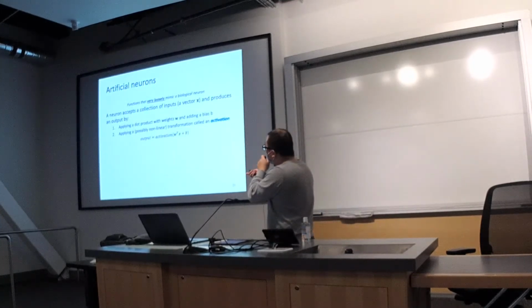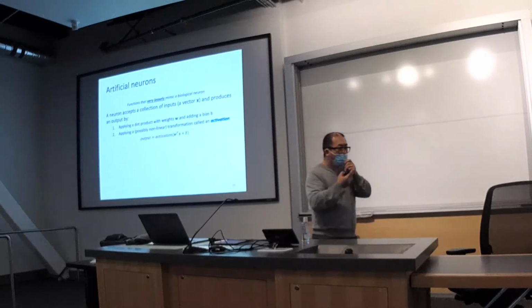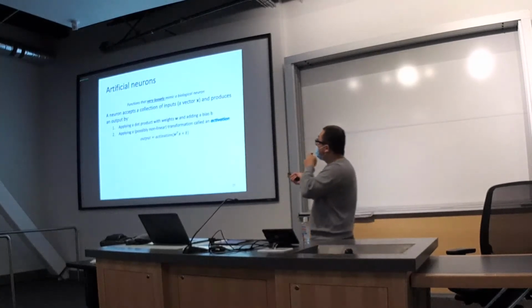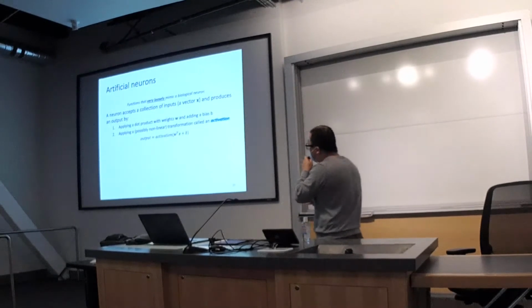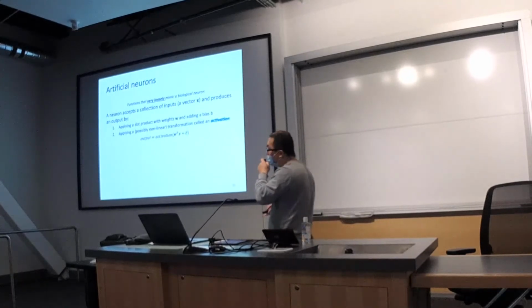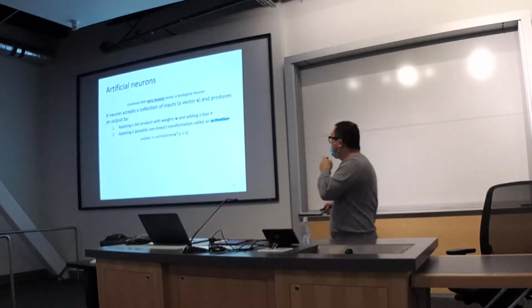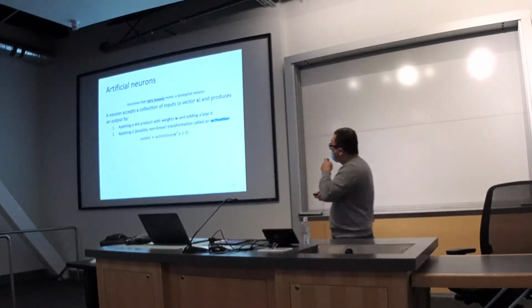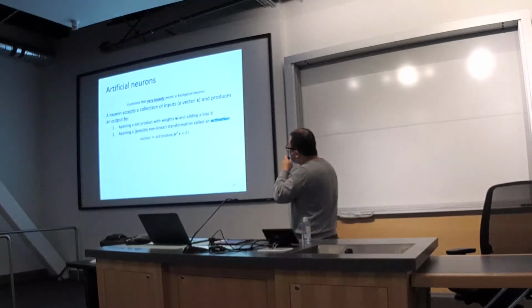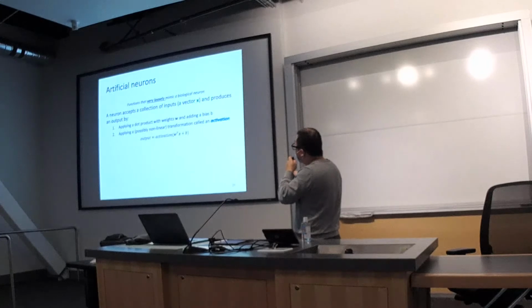Like biological networks, artificial networks consist of artificial neurons. But what's the mechanism of an artificial neuron? You can view it as a function that very loosely mimics a biological neuron. It accepts a collection of inputs, usually denoted by vector x, and produces an output in two steps.